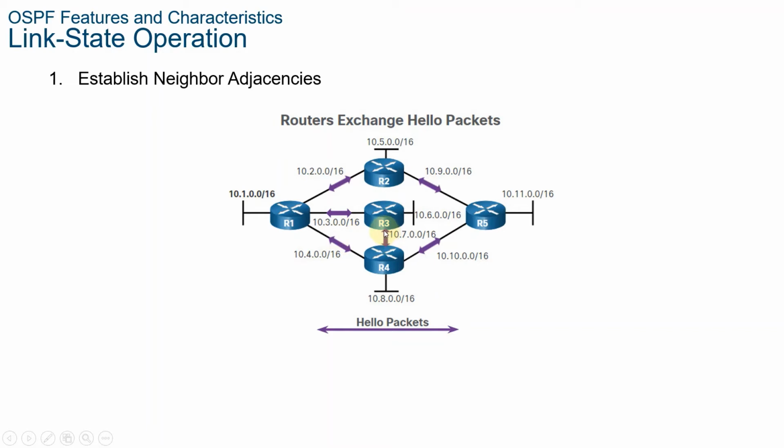If a neighbor is present, the OSPF enabled router attempts to establish a neighbor adjacency with that neighbor. Each of the routers here will send hello packets to each other. That is establishing a neighbor adjacency.